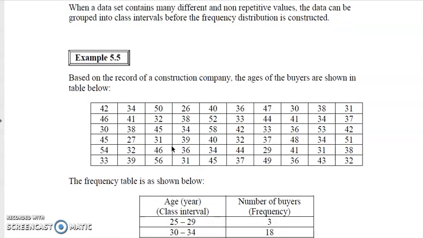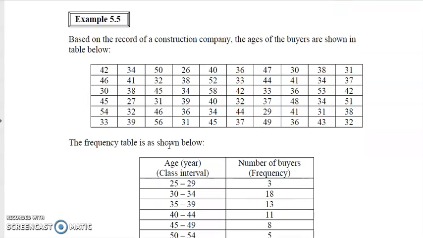Example 5.5, given to you, record of a construction company, the ages of the buyers are shown in the table below. You can see from here the n is bigger, which is we have a large data set here, 60 data. Okay, this is the number of each.